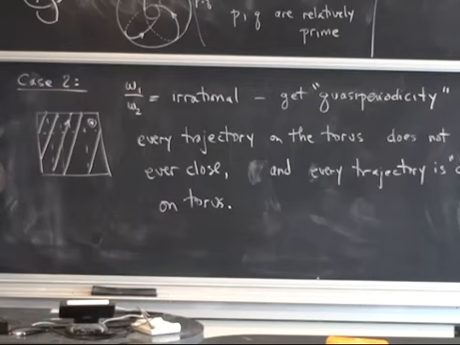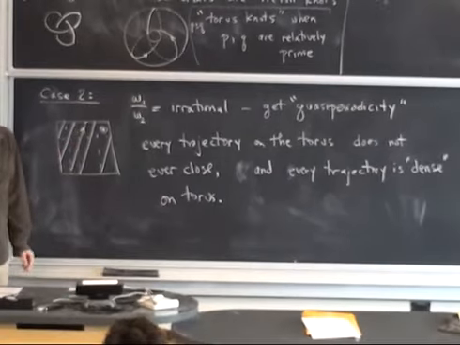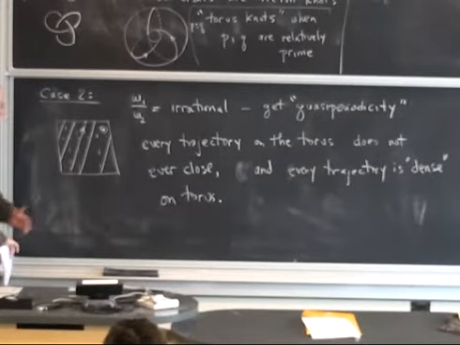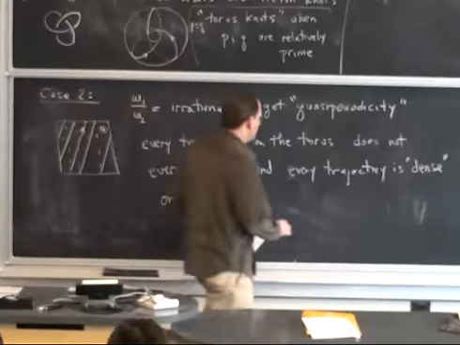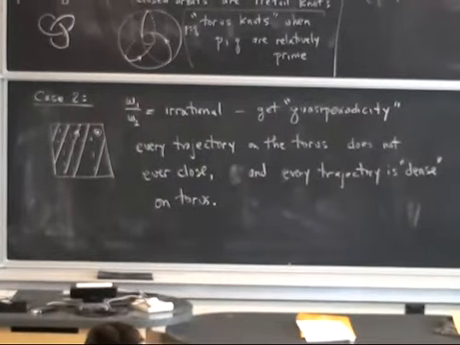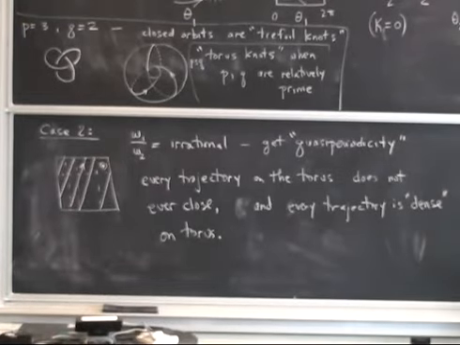That's the statement: the trajectory gets arbitrarily close to every point, but it doesn't necessarily hit every point. So in that loose sense, you could say the trajectory goes everywhere. It certainly comes close to everywhere, but it doesn't literally go everywhere.